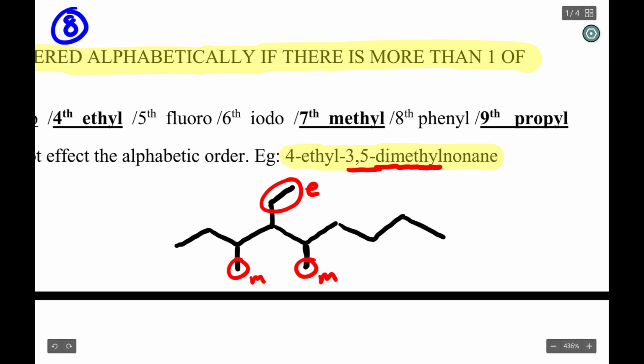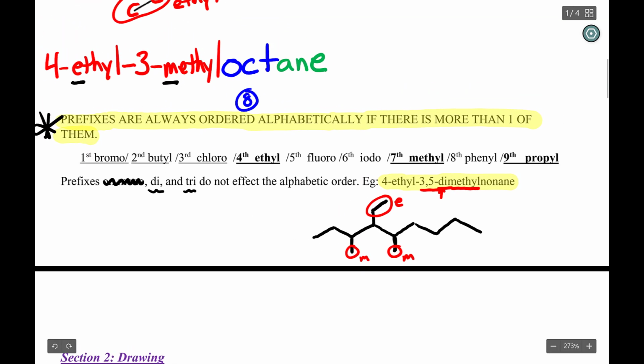Now, D in the di technically comes before E in ethyl. However, the rule states that the addition of a di or tri to the naming system does not alter where they fall on this series.